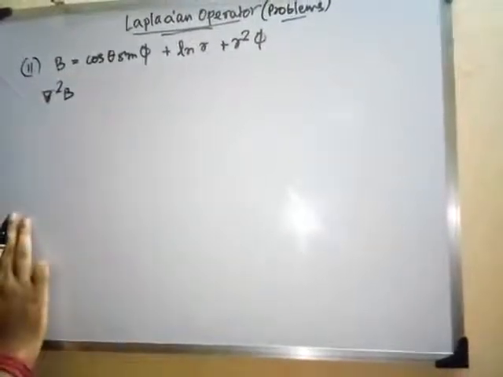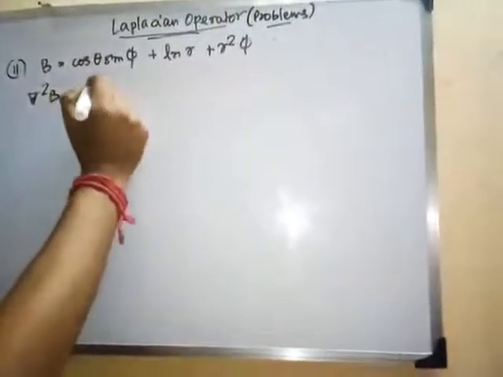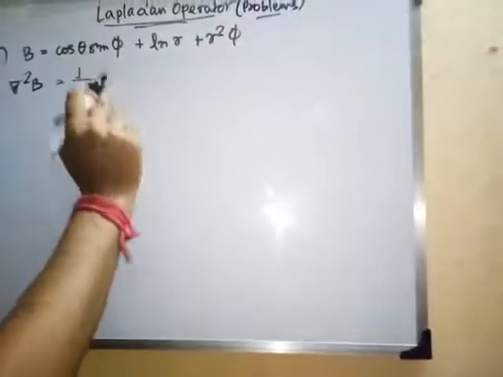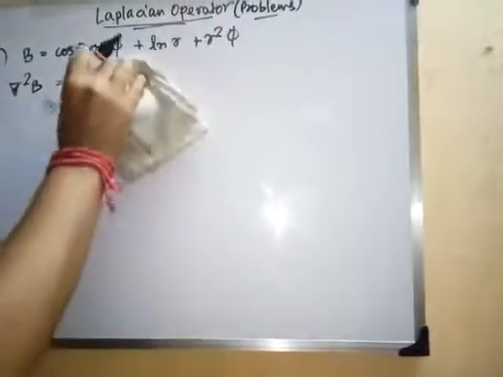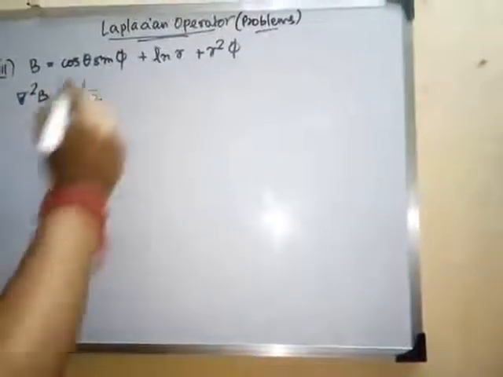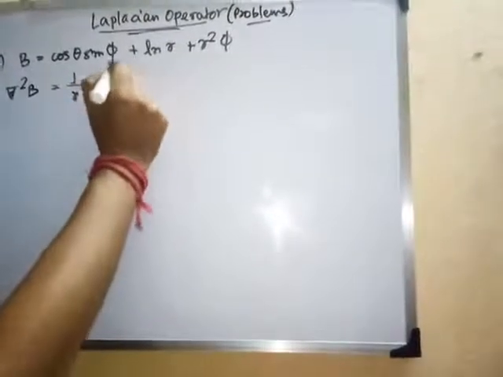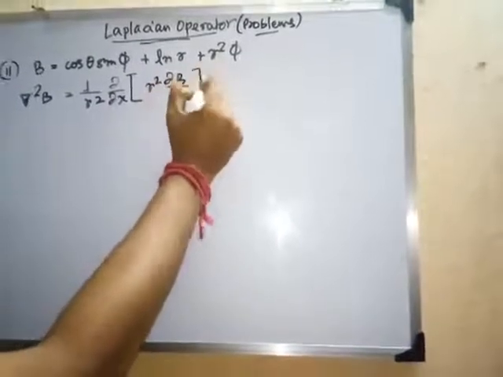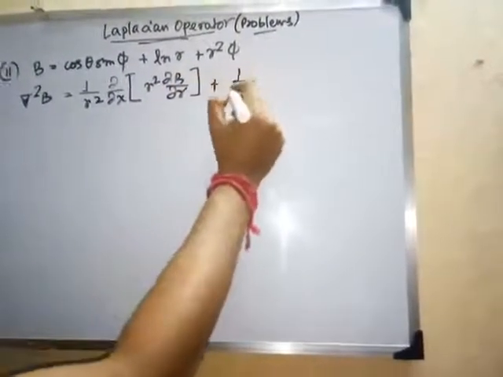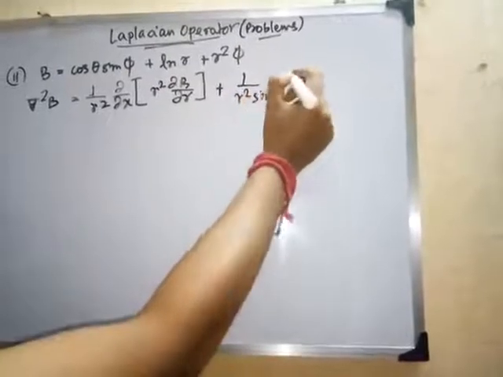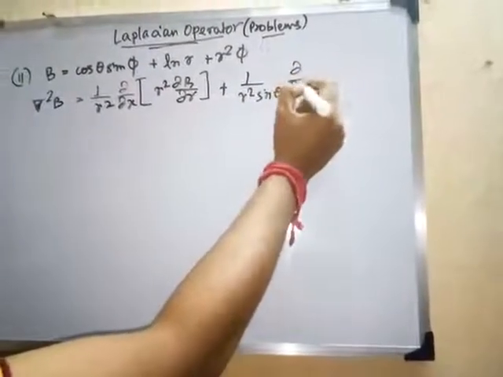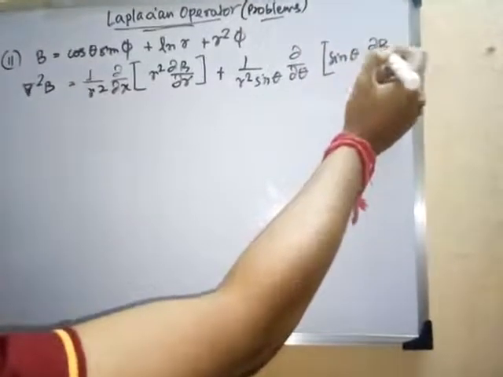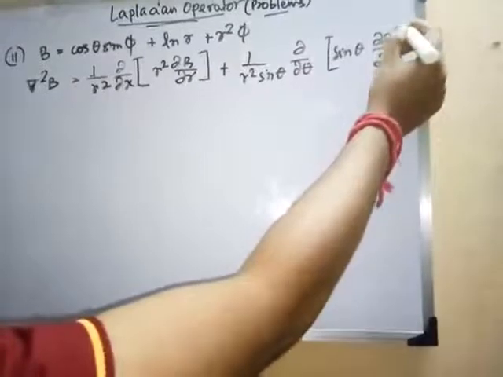We will use this del square B as per the Laplacian equation. We'll write this equals 1 by r square del r of r square del B del r, plus 1 by r square sin theta del theta of sin theta del B del theta, right?